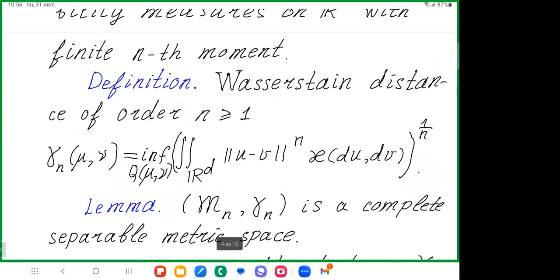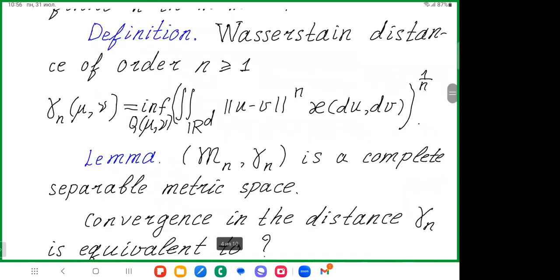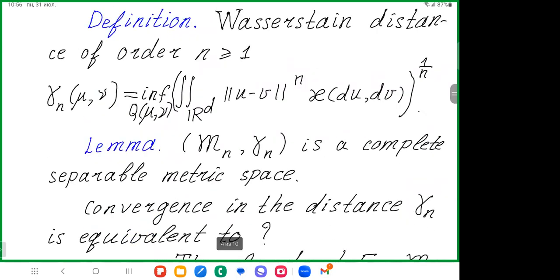Now what about convergence? Convergence in the distance gamma_n is equivalent to what? How can we describe convergence in the distance gamma_n, as in the previous case? For example, let us say maybe some weak convergence plus something like that.